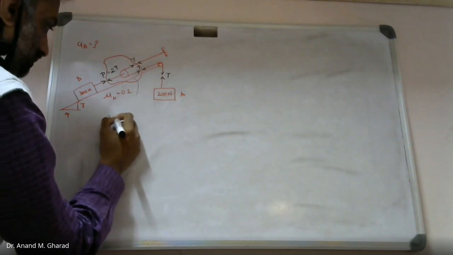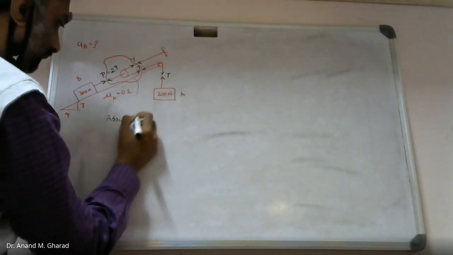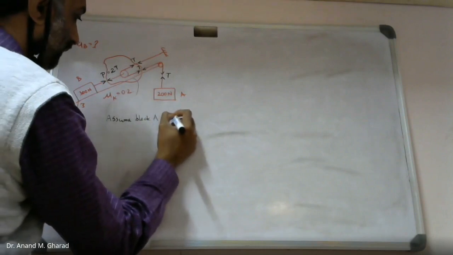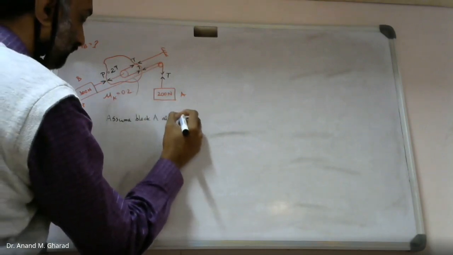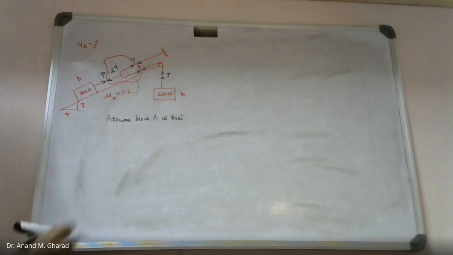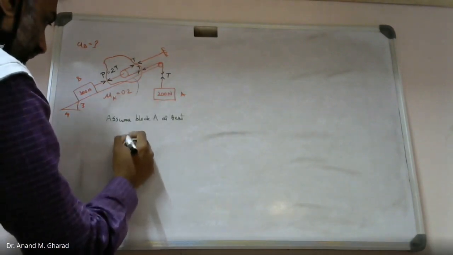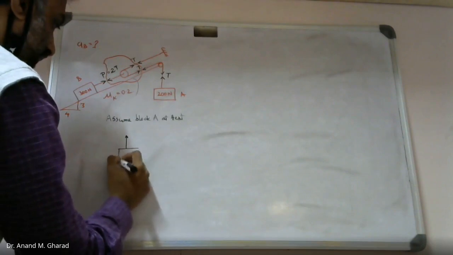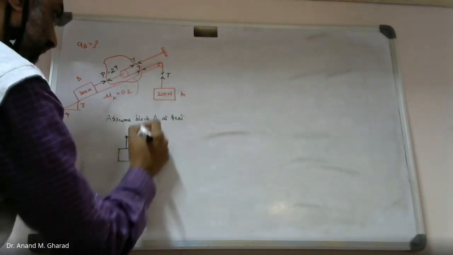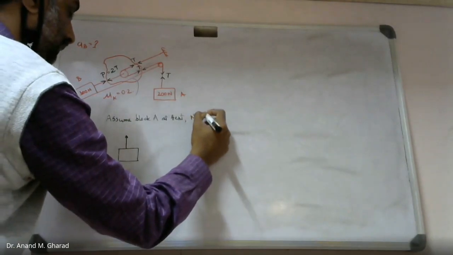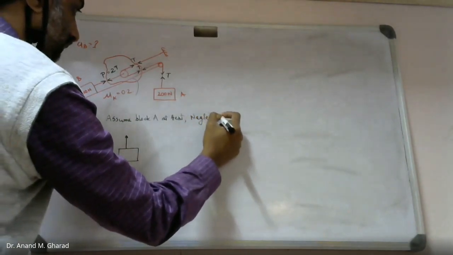So assume block A at rest. Okay? That is, it is in equilibrium. And by assuming that, I will draw the free body diagram, and I will neglect friction.